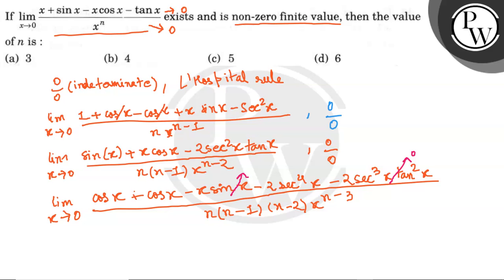So if you combine these two, this will also go to 0, because 2 cos x minus 2 sec to the power 4 x is equal to 0 when x is equal to 0. So this is again 0 by 0 form. So now we will apply the L'Hospital rule again, and we will get the limit as x tends to 0.